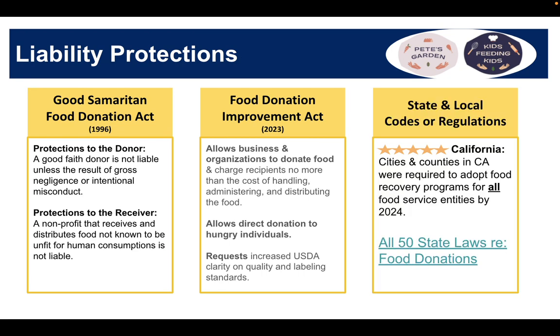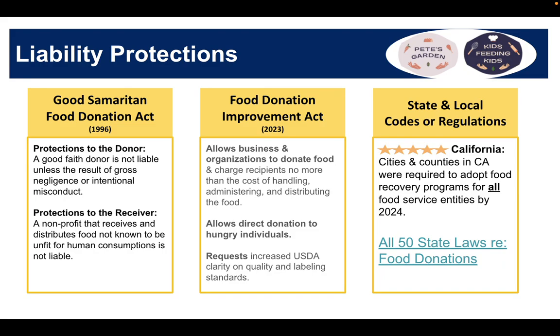However, there are often state and local codes or regulations that further support these efforts to not only increase the liability protections of donors, but also to place more pressure, so to speak, on businesses to make sure that they are donating.